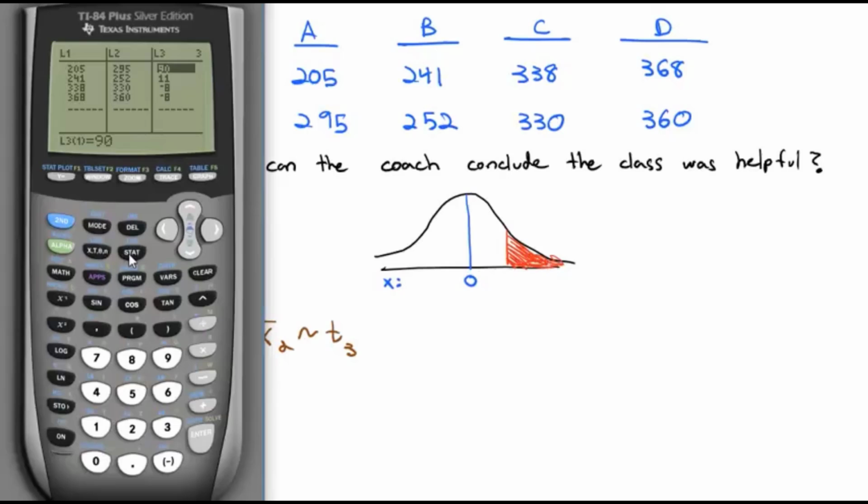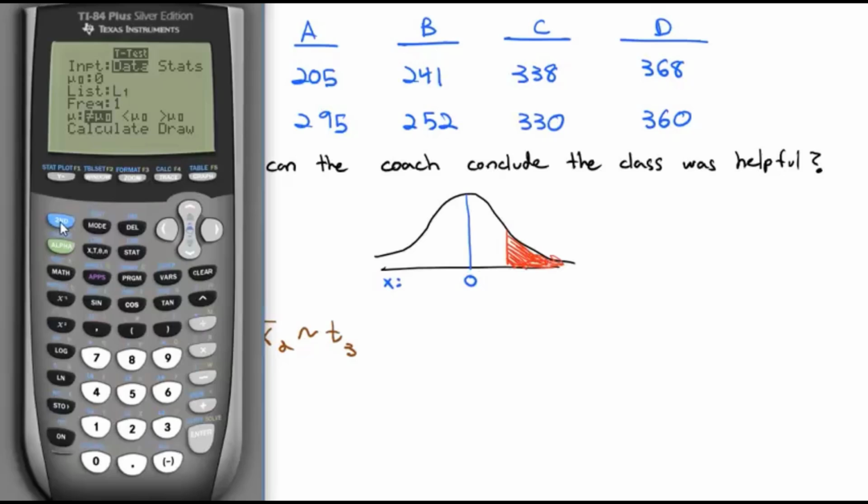To run the t-test, we'll hit Stat, scroll over to Test, scroll down to the t-test, and this time we've actually entered the data into the calculator. So we'll scroll over and highlight Data, enter. The hypothesized mean is 0. For the list, our data is in list 3.